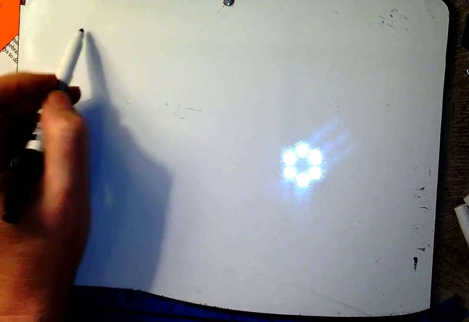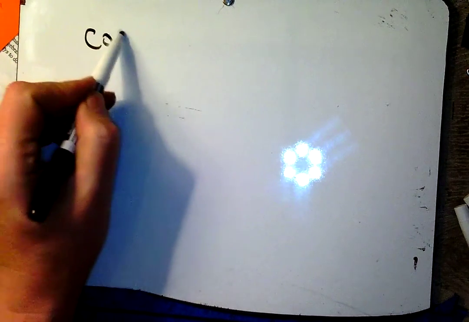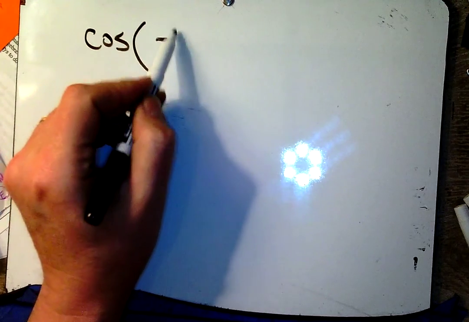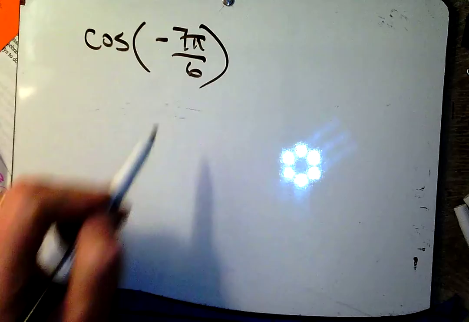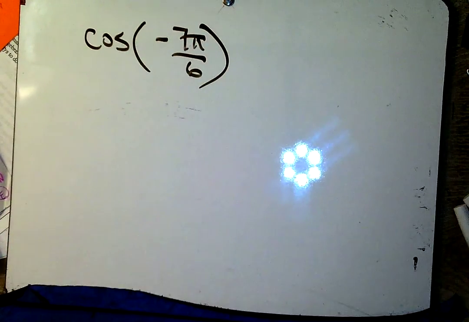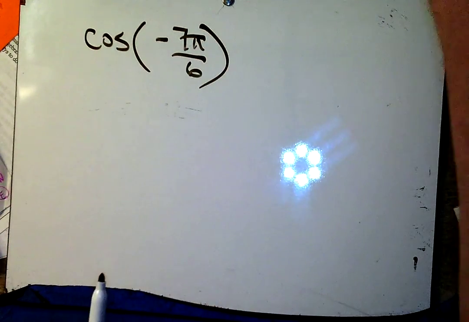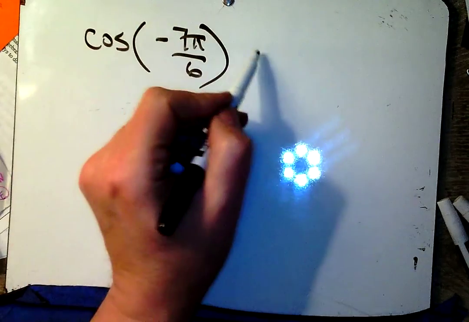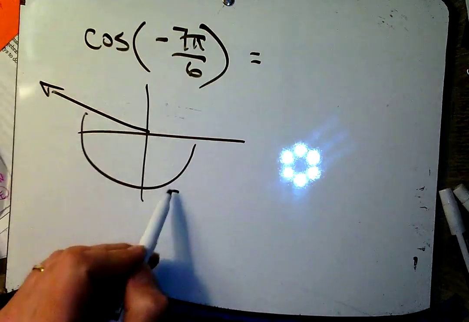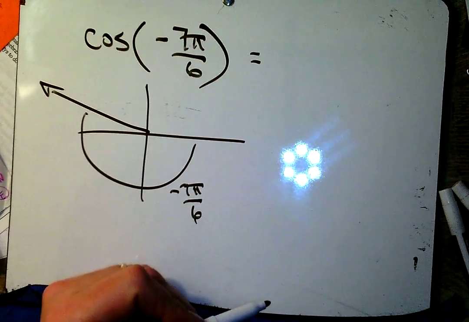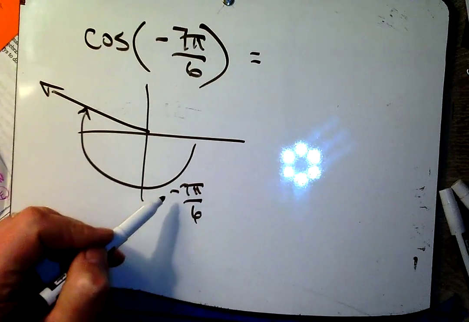Oh, negative angles? Sure. How about cosine of negative 7 pi over 6? 5, 4, 3, 2, 1. Well, there's negative 7 pi over 6.